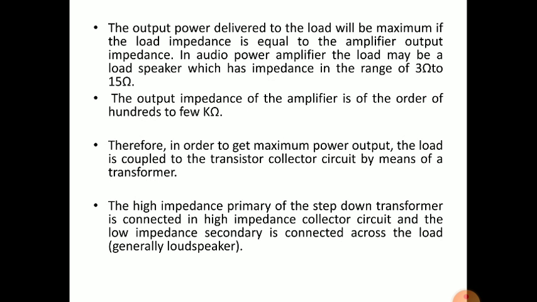Observe this. The transformer has two windings, that is primary and secondary. So for the impedance matching, the high impedance primary winding is to be connected to the collector circuit, and we should use the step down transformer, and the low impedance secondary is connected across the load, that is the loudspeaker, in order to match the impedance.